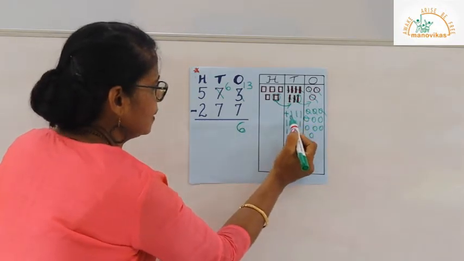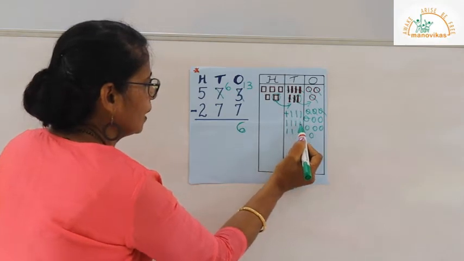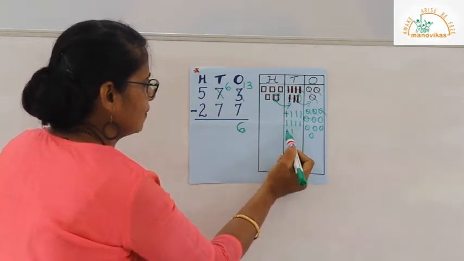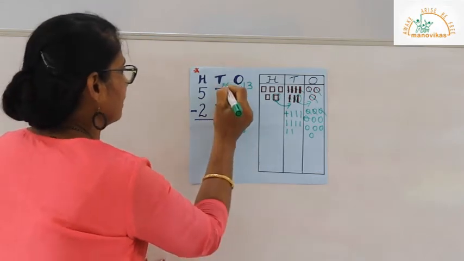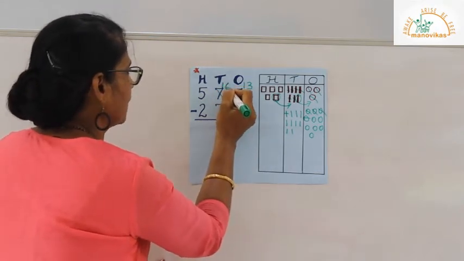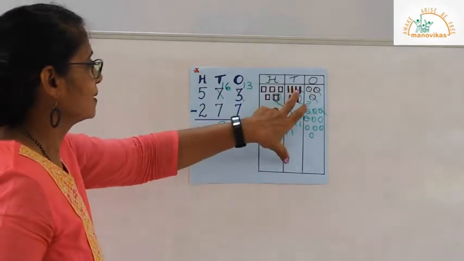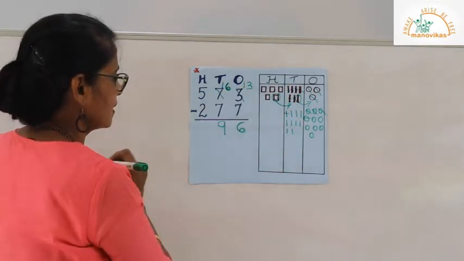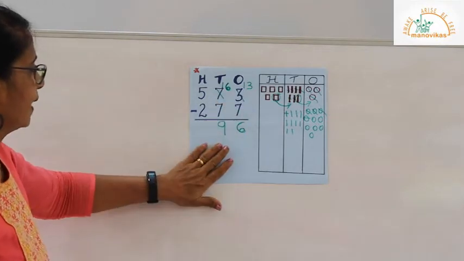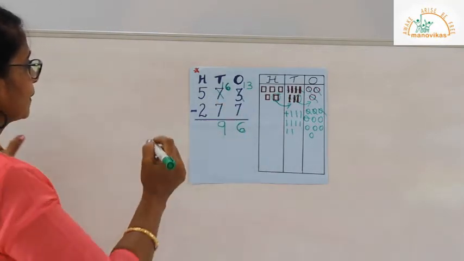Let's find the difference. 1, 2, 3, 4, 5, 6, 7, 8, 9. So we get 9, because this number becomes 16. 6 plus 10 makes 16. This number is 16, and when we subtract, we get the number 9.